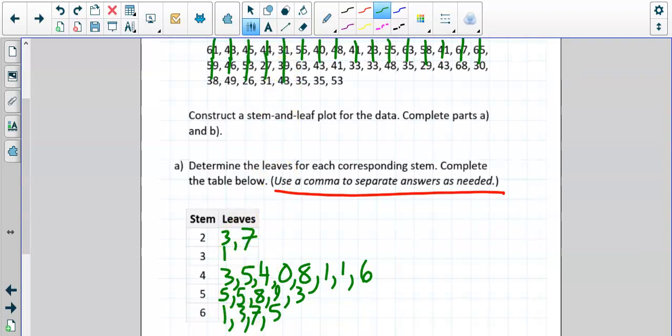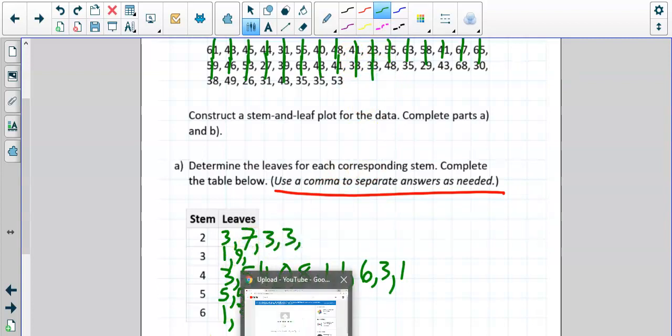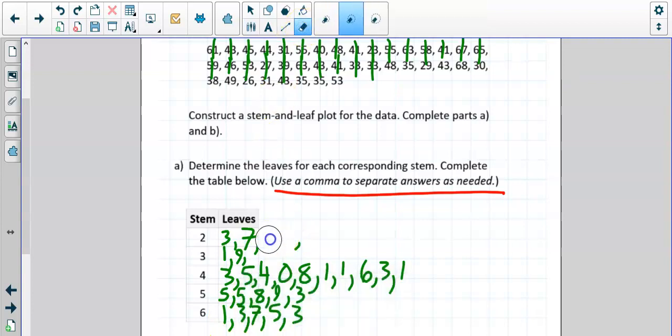So we got a 9 at the 3. We got a 3 at the 6. We got a 3 at the 4. We got a 1 at the 4. Just doing those together, we got another set of 2 3s up here at the 3. Sorry, I put that on the 2.